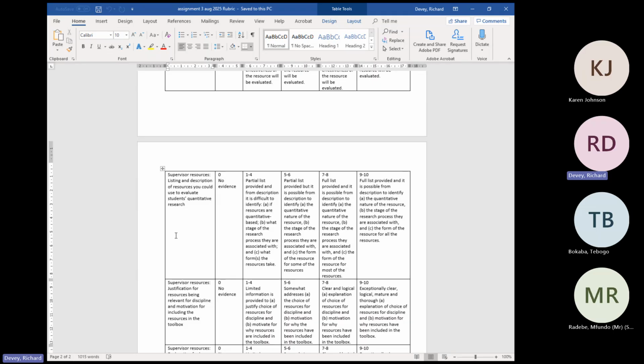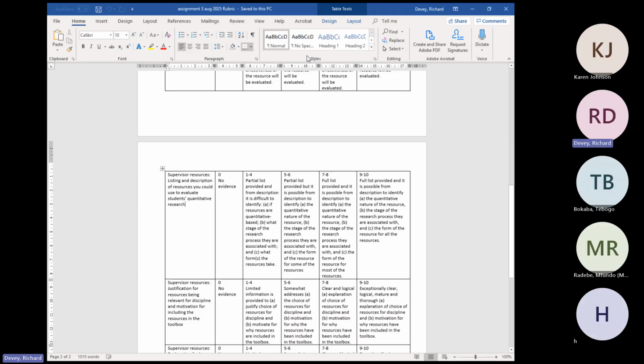I might have shared it with you already, but it's basically a research article which has various research articles which give you guidelines for how to evaluate a research project, for example.